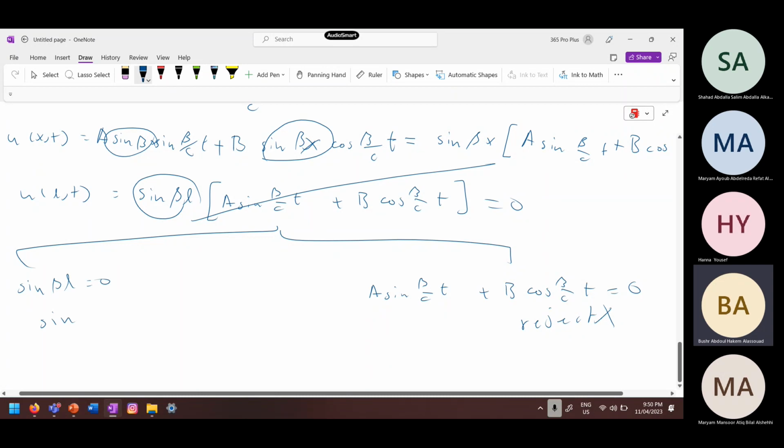Now for sine theta to be equal to 0, theta must be equal to n pi, where n is just a counter. So we're going to do the same here for sine beta L. Since beta L is just theta here, or just the angle, beta L must be equal to n pi. Now change to the respective beta, you'll get n pi over L. Now this is the value of beta.